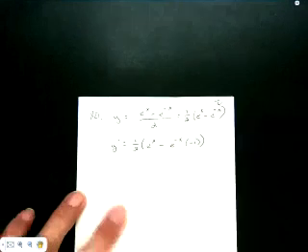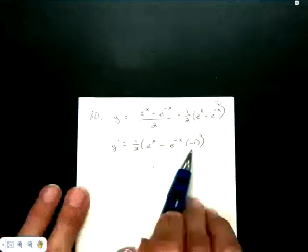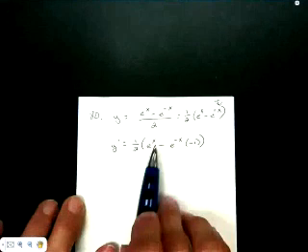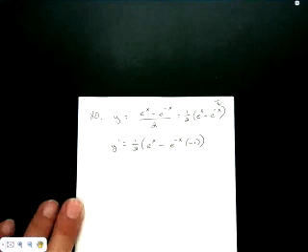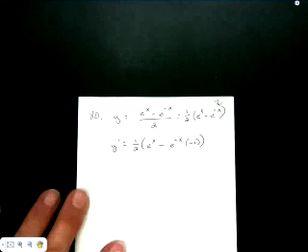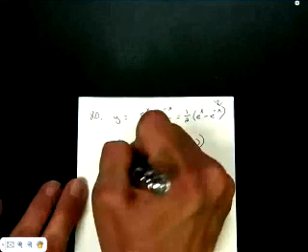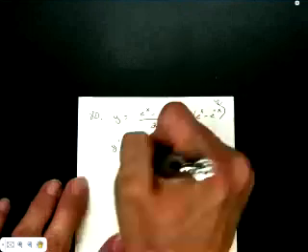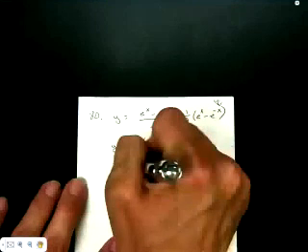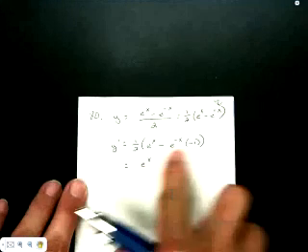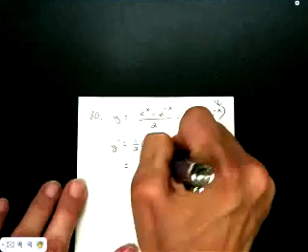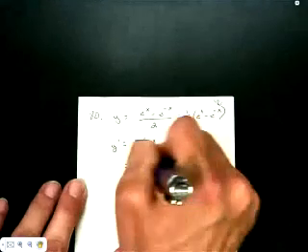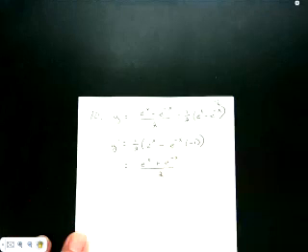Use of parentheses is important there. That negative 1 is only multiplied by this negative e to the negative x. That answer will probably be written as e to the x plus, because of this negative times negative, e to the negative x all back over 2.